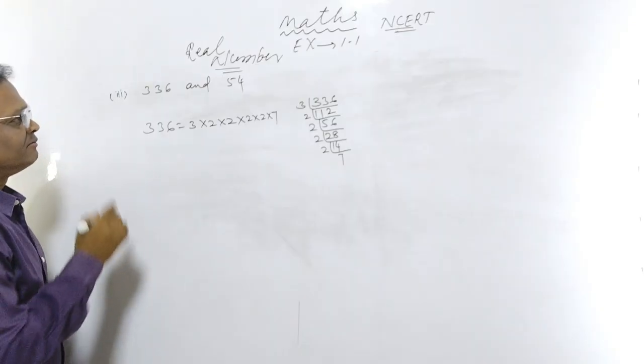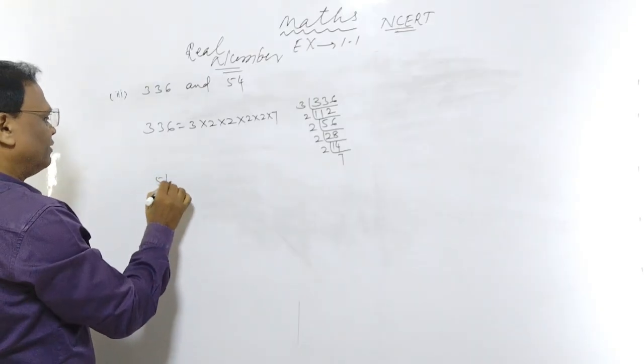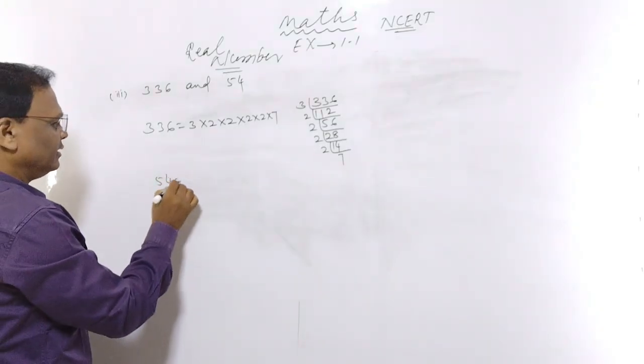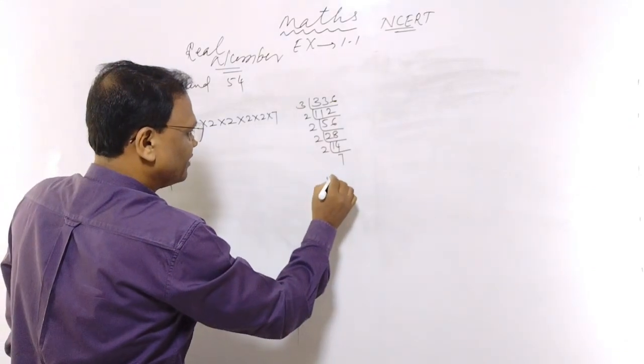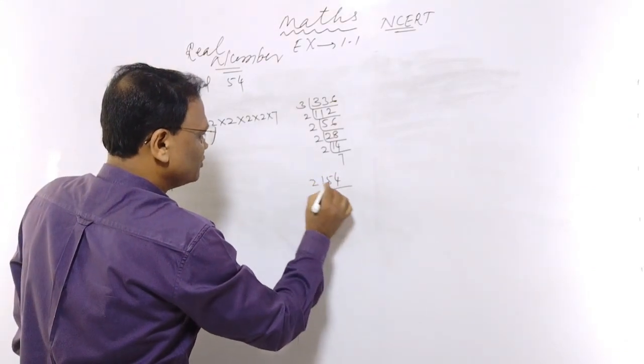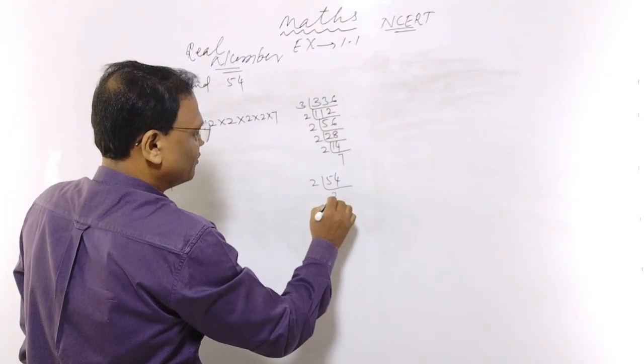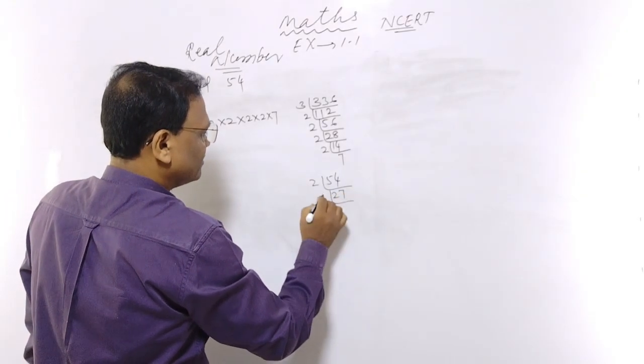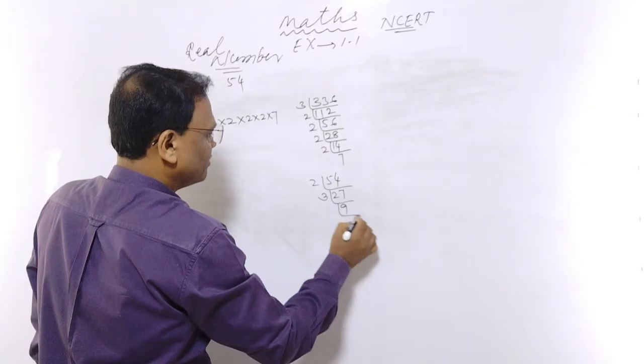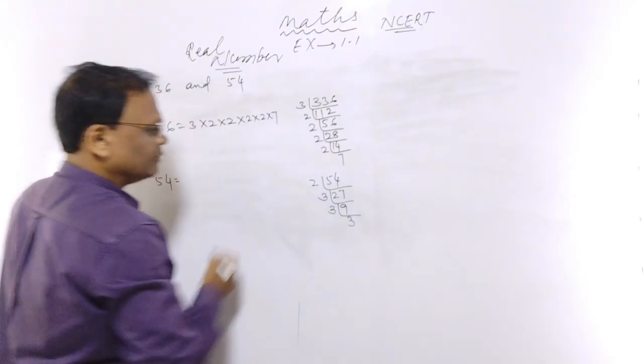Now let's find the factors of 54. Similarly, I can start with 2, and you can start with 3 also, no problem. 2 2s are 4, 2 7s are, then 3 9s are, then 3 3s are.